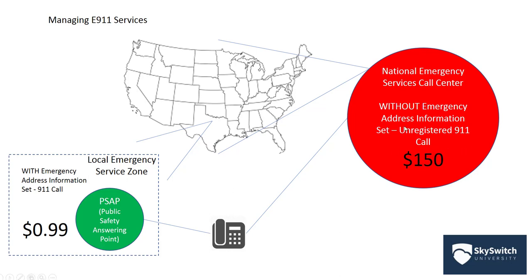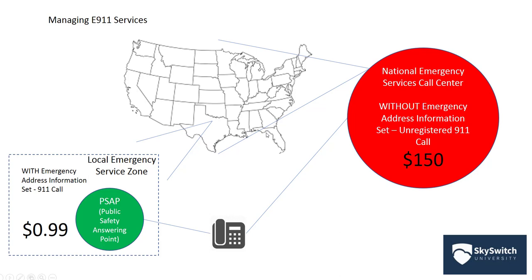Now, why is it a $150 charge? Because when they made the 911 call and the emergency address information was not with the call, was not on the number, then it has to go to the National Emergency Services Call Center because they don't know where that call is coming from. It could be from any address in the continental United States or Canada.